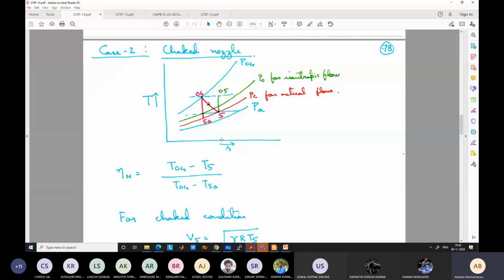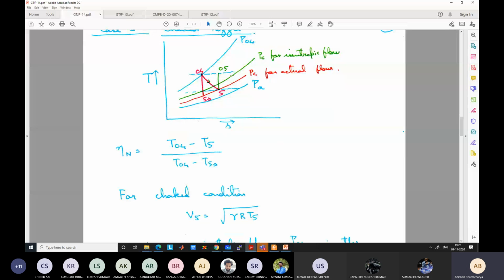So how to find that? If we extend this line for the isentropic case so that it intersects the actual pressure line, this point we define as P5S. Okay, 5S. This is the isentropic temperature corresponding to the actual pressure.